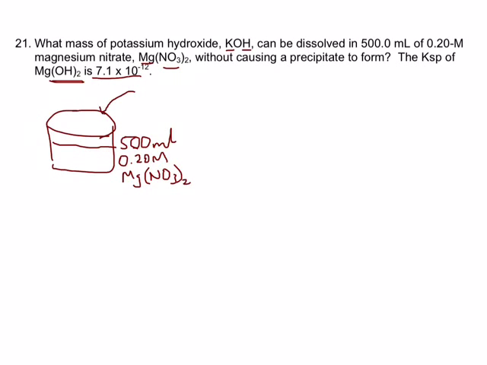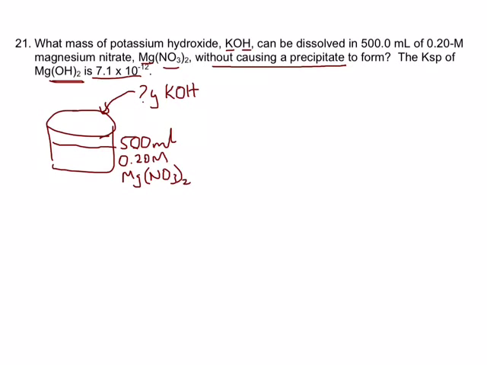We're wondering how many grams of KOH can we add without causing a precipitate to form. Now, another way to have said that would be to make the solution perfectly saturated, right? So we're going to add enough KOH to just perfectly saturate the solution.